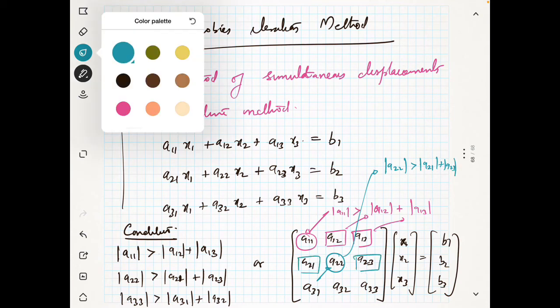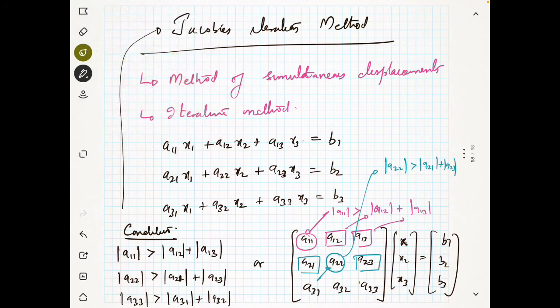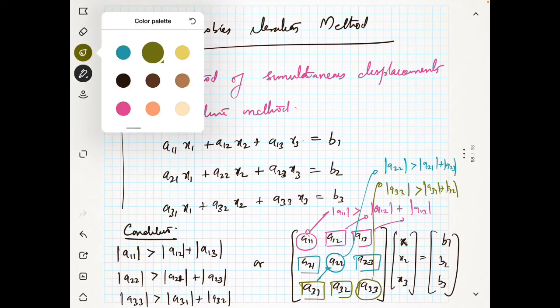And for the third one, you are focusing on this element. The magnitude of a33 should be greater than the magnitude of these two numbers, a31 plus a32. That means your matrix should have large diagonal elements.